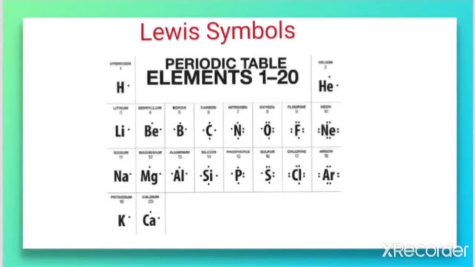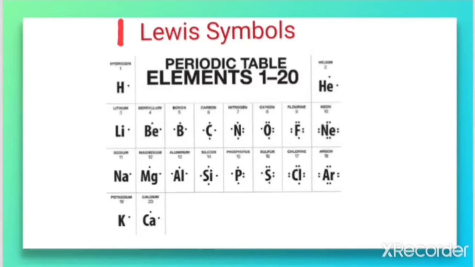Let us look at this table, where the elements in the periodic table are written with dots. These dots represent the valence electrons. As we have discussed, the elements of the same group have the same number of valence electrons. When we consider the elements of the first group, we find that these elements have a single valence electron.